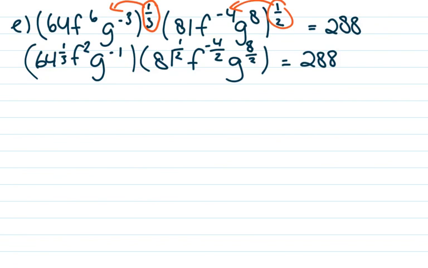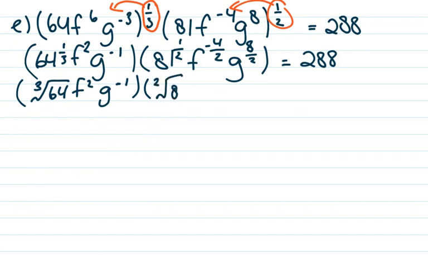So 64 to the power of 1/3 is the same as the cubed root of 64, times f squared times g to the power of negative 1, times 81 to the power of 1/2 is the same as the square root of 81. F to the power of negative 4 over 2 is f to the power of negative 2, and g to the power of 8 over 2 is g to the power of 4.